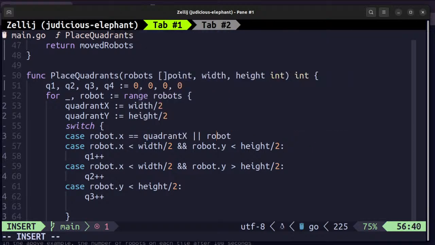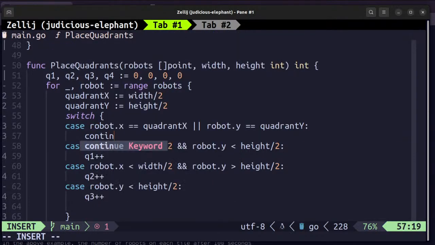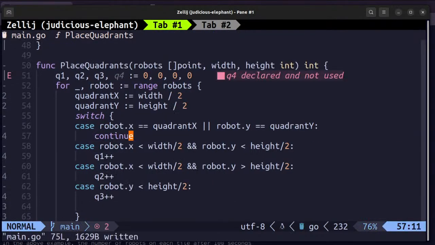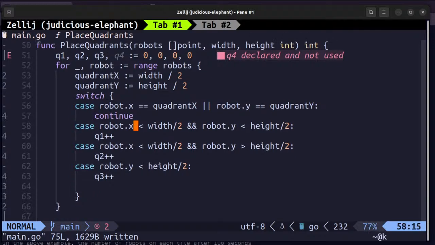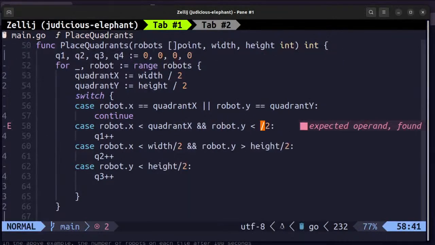The two coordinates we need to ignore, so it will be quadrant x and quadrant y. If that is the case, we continue. Else we can replace this with quadrant x, this with quadrant y.